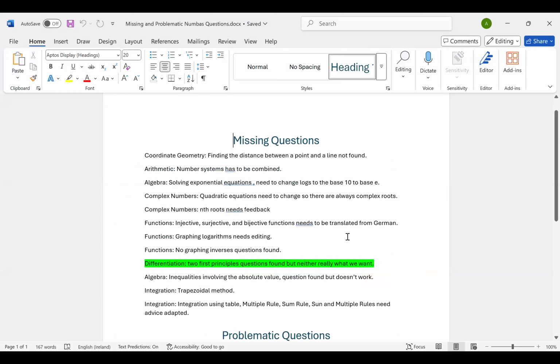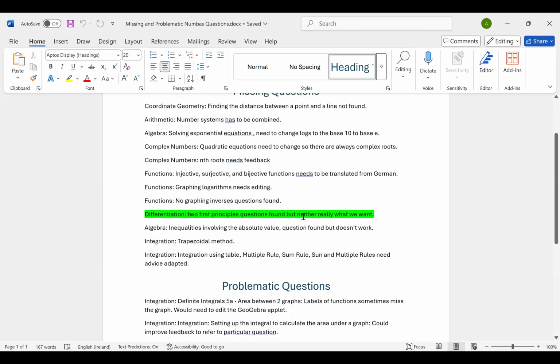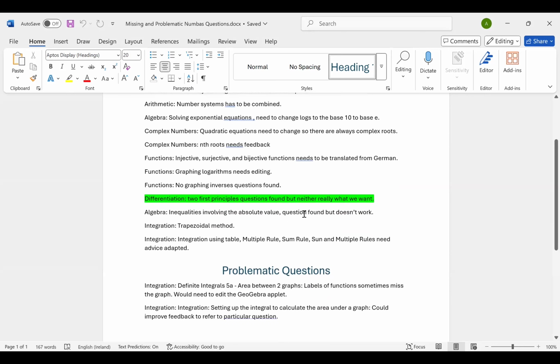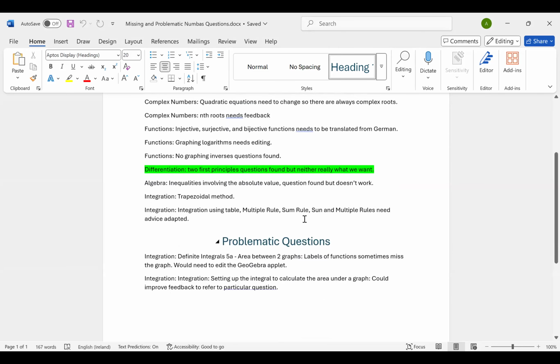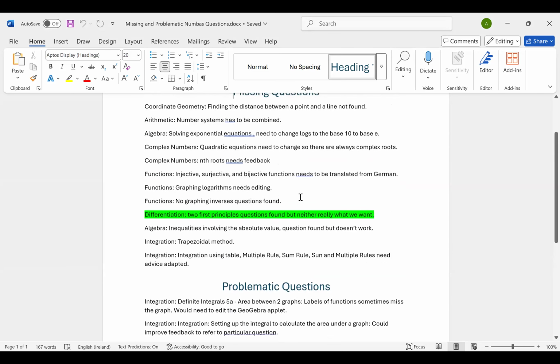Also, some questions needed their feedback. For example, there was one that was in German. The feedback is great, but it's written in German, so I'll have to put it through Google or something and change it like that. So we've still got a few things to do and a few questions to write, but we feel we're well on the way.